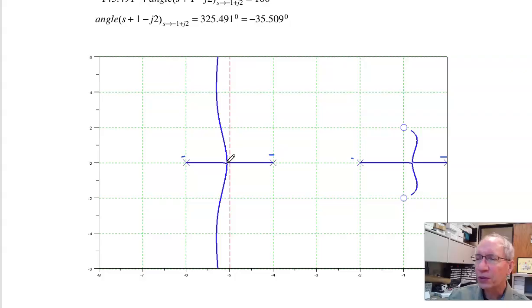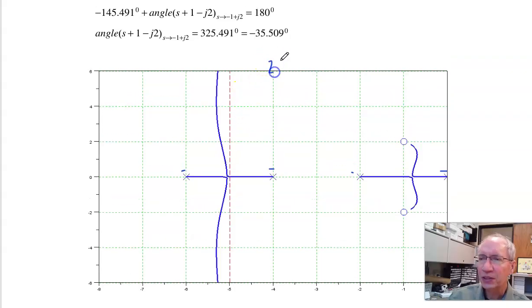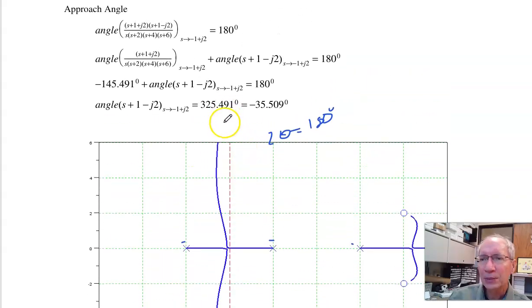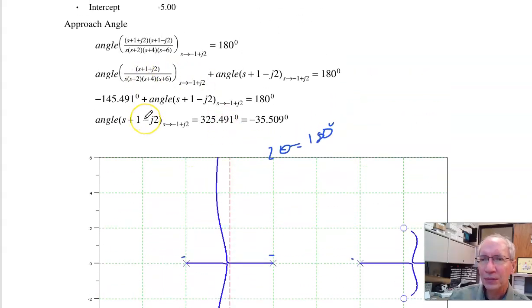Asymptotes. I've got 4 poles, 2 zeros, gives you 2 extra asymptotes. So we get 2 times theta is 180. Again, the angle is plus minus 90 degrees. And the asymptote intersect is the center of mass.